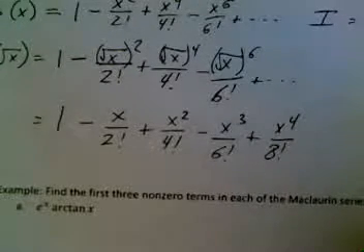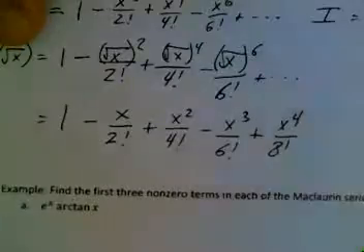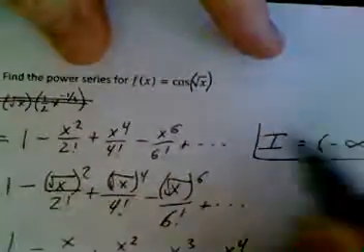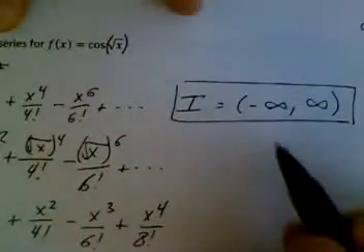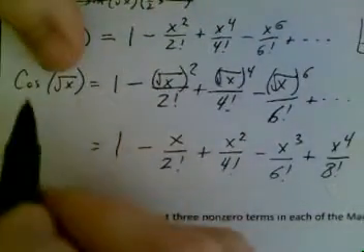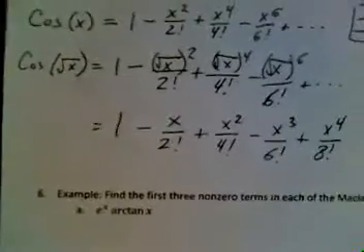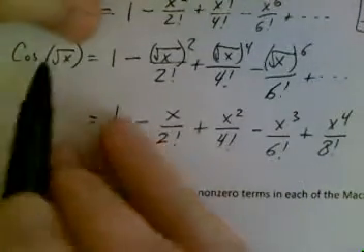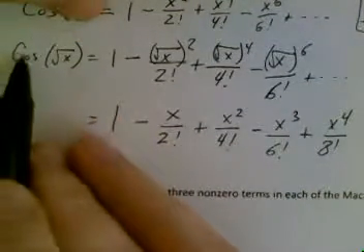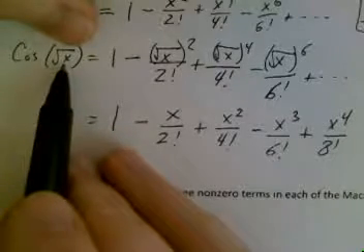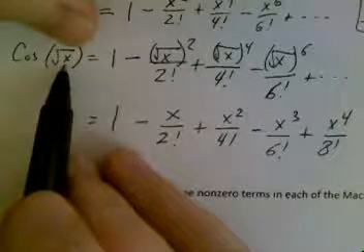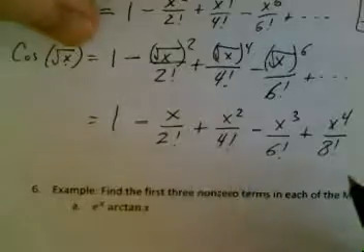Now, the question is, this series up here converges for negative infinity to infinity. Where does this one converge? Well, let me ask you this question. For what x values is this even possible? As long as x is not negative, this is okay, right?